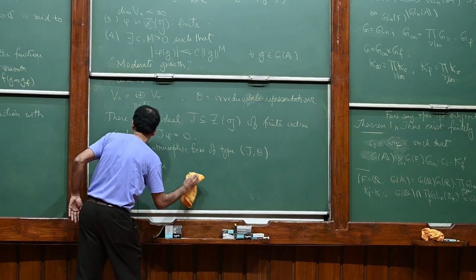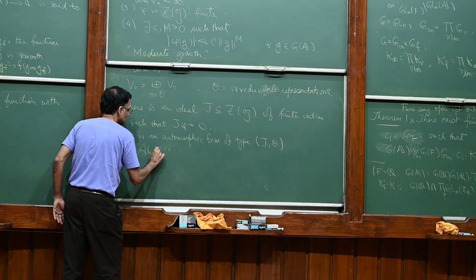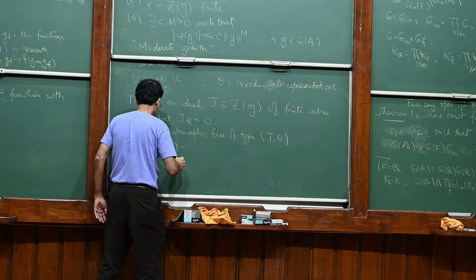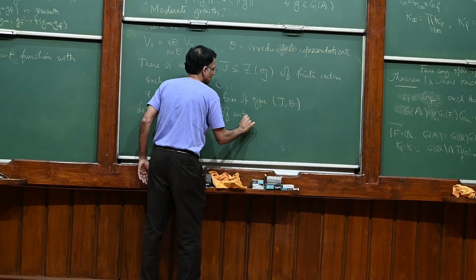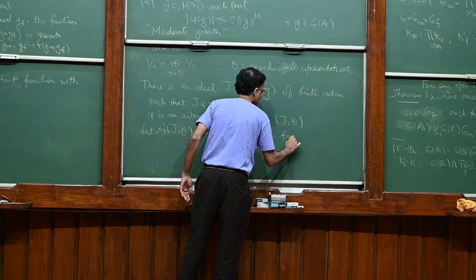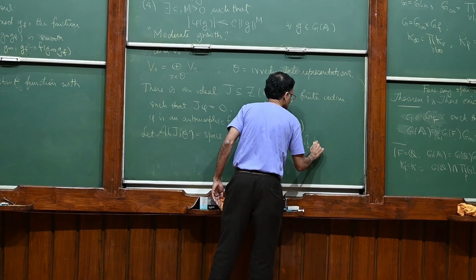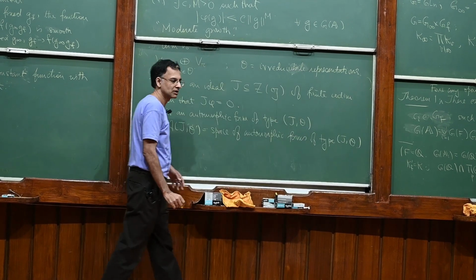So for that, let A_{J,theta} be the space of automorphic forms of type (J, theta).